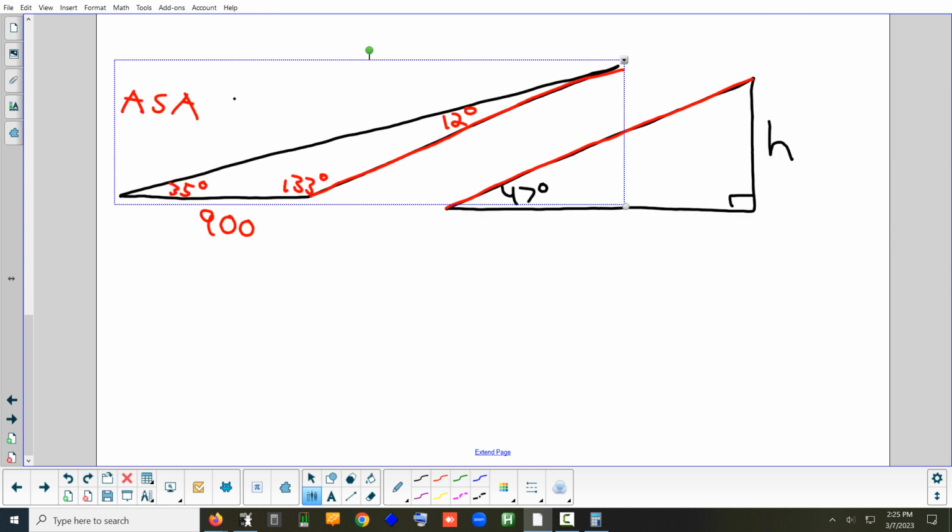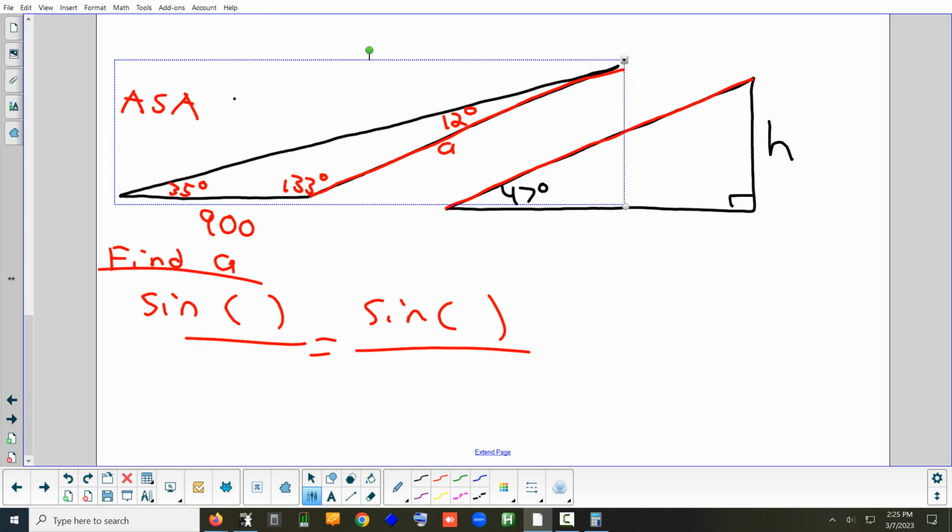So let's set up our law of sines. We could just call that side A, and I'll write down find A. Okay, what would go on the left side if I fill in the full row?